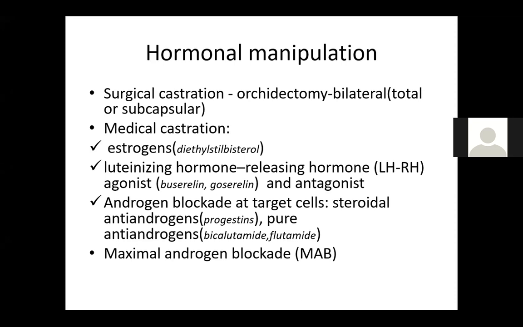If you remember on the diagram we've just seen, testosterone and estrogen have a negative feedback on the hypothalamus. Therefore, if you give the patient estrogen, this is likely to have that negative feedback effect, and therefore reduce the production.